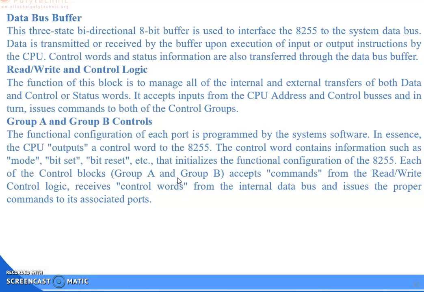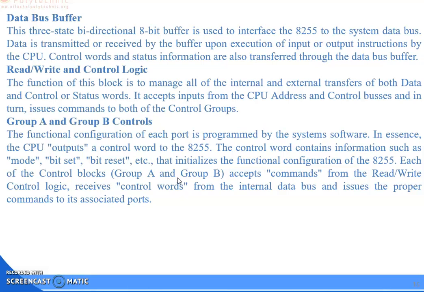The functional configuration of each port is programmed by the system software. In essence, the CPU outputs a control word to the 8255. The control word contains information such as mode, bit set, bit reset, etc. that initializes the functional configuration of the 8255.